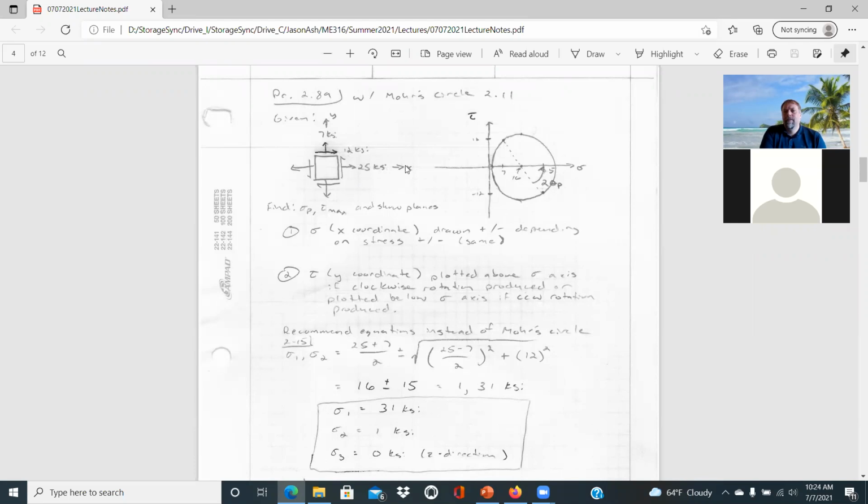And if we were to look at, say, this side, if we were thinking it was plotted below, we'd be like, well, we have to rotate clockwise, but no, it's plotted above, so it'd still be a counterclockwise rotation to get down to that point.